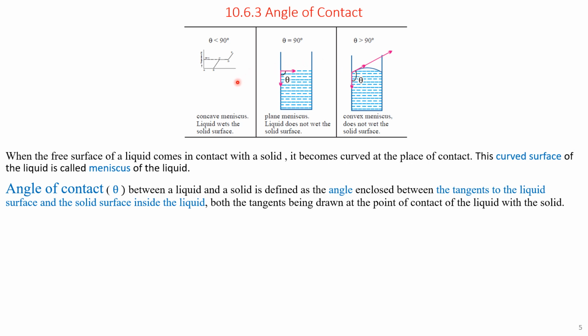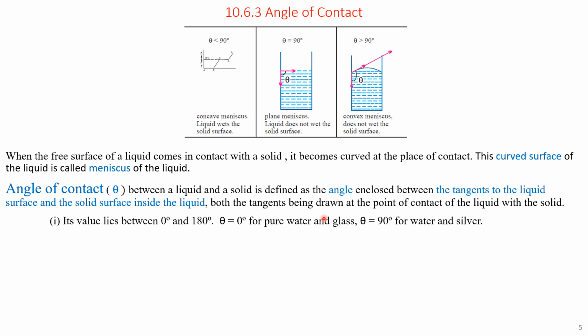In the case of a concave meniscus, the liquid wets the solid, whereas in the case of a convex meniscus, it does not wet the solid surface. The value of the angle of contact varies between 0 and 180 degrees. Theta is equal to 0 for pure water and glass, and theta is equal to 90 degrees for water and silver.